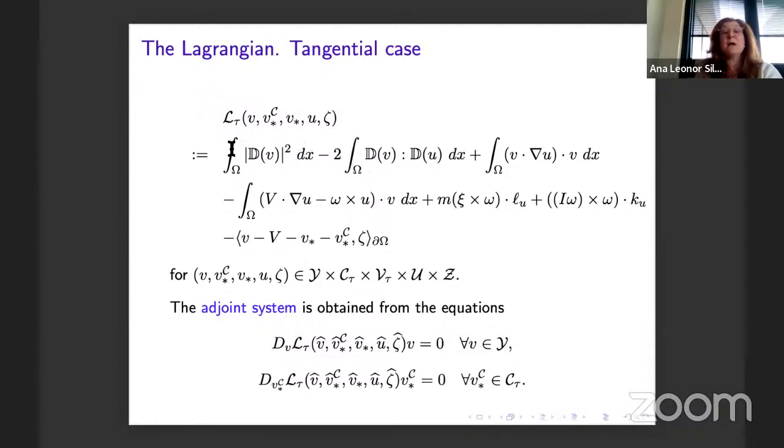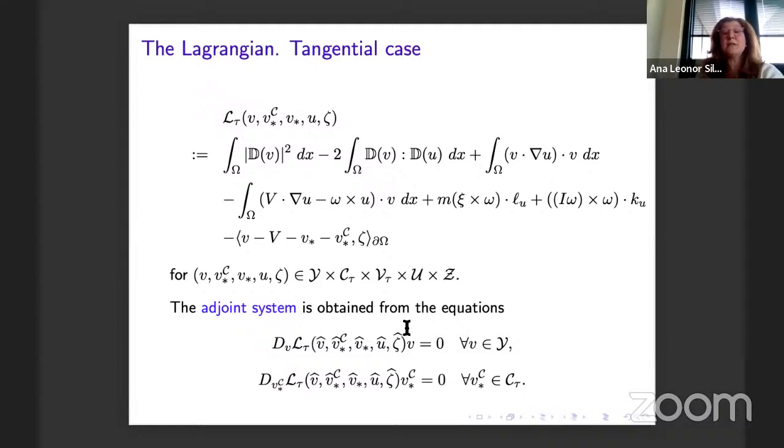This comes from the cost functional, and this is obtained by multiplying the state equation by a function U in the previous space, and this other term here is obtained by imposing the boundary condition in the state equations.